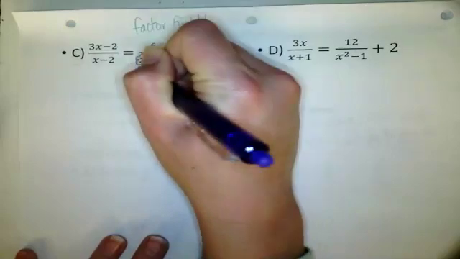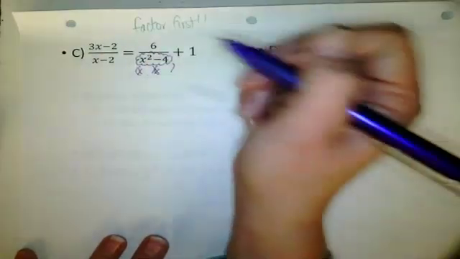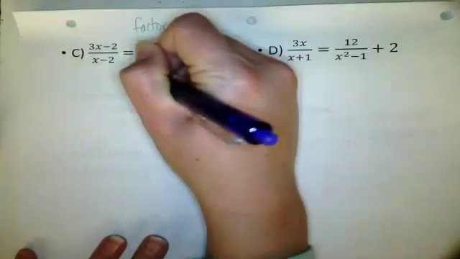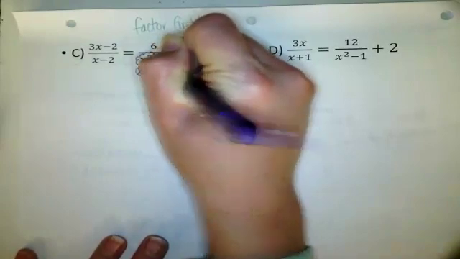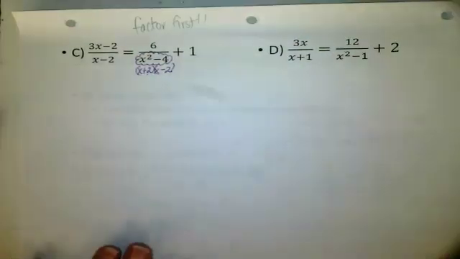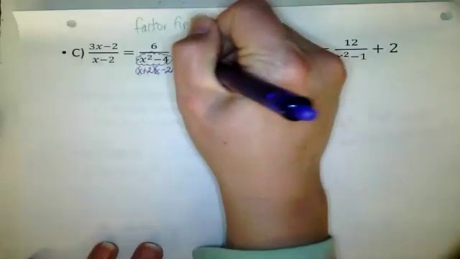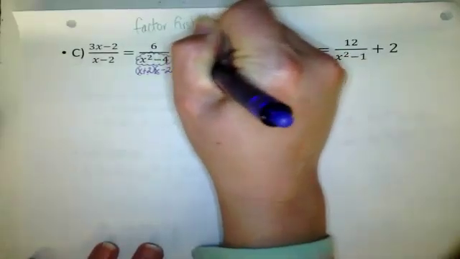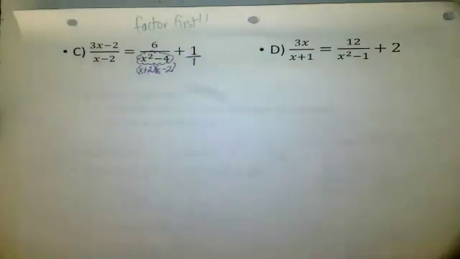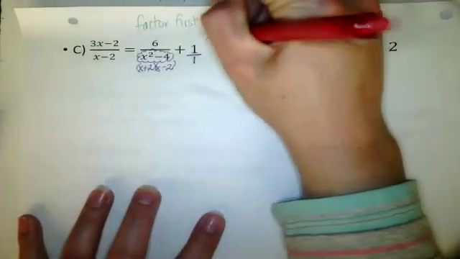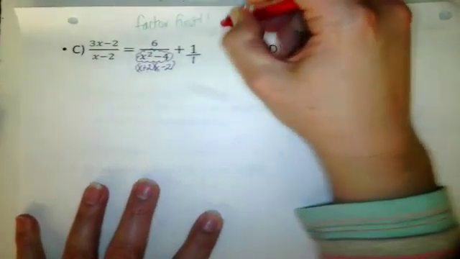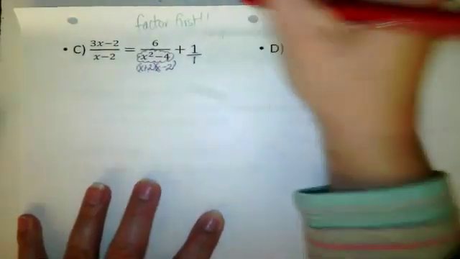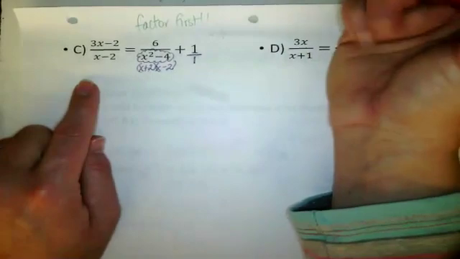x times x is x squared. What times what is negative 4? Positive 2, negative 2. So if you see something that you can factor, you definitely want to factor that first. And I want everything to be a fraction. Now, before I do anything else, what is x not allowed to be?